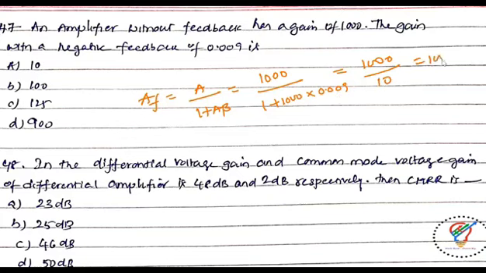So it is 100. Here we are considering negative feedback. The amplifier without feedback has a gain of 1000, but the same amplifier with negative feedback has 100. That means by using negative feedback the amplifier gain decreases. That is the conclusion from this question.